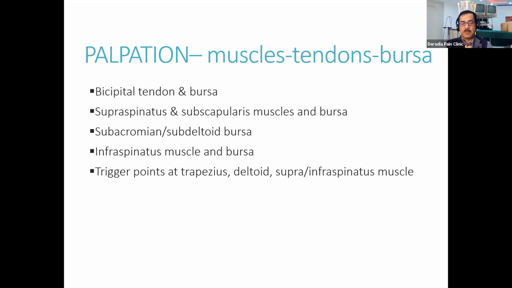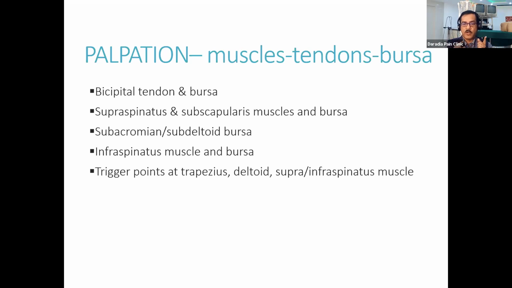When you are palpating the muscles, our aim is to palpate the bulk of the muscle to understand whether there is any trigger point, as well as the insertion point. The insertion point is for the tender point. I explained this difference earlier: myofascial pain is at the bulk, the belly of the muscle, which produces the trigger point.